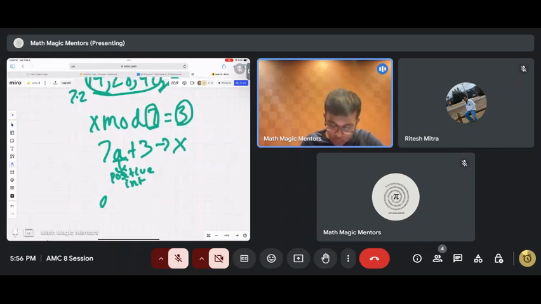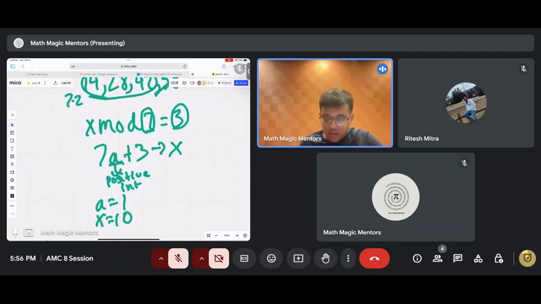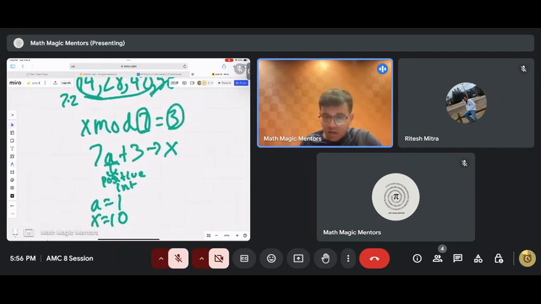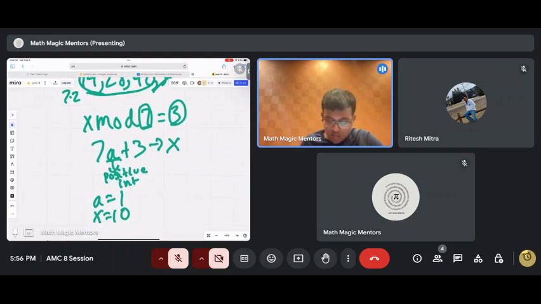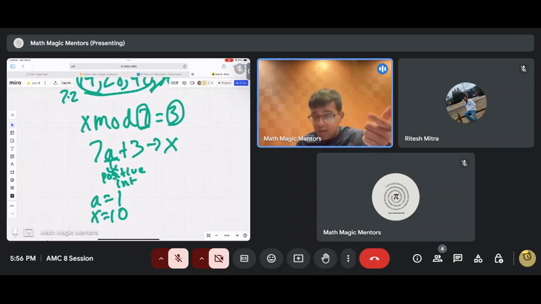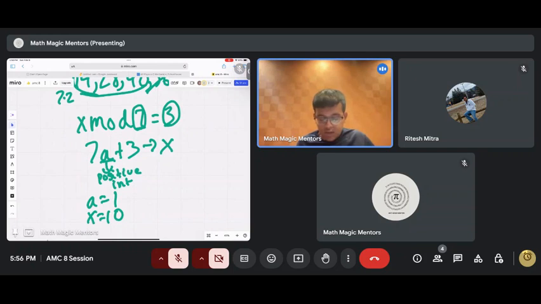Well, if a equals 1, x is equal to 10. Is that viable? Yeah, that's viable, because 10 is an even number. It has a remainder of 3 when divided by 7. That works, and it's between 2 and 50.